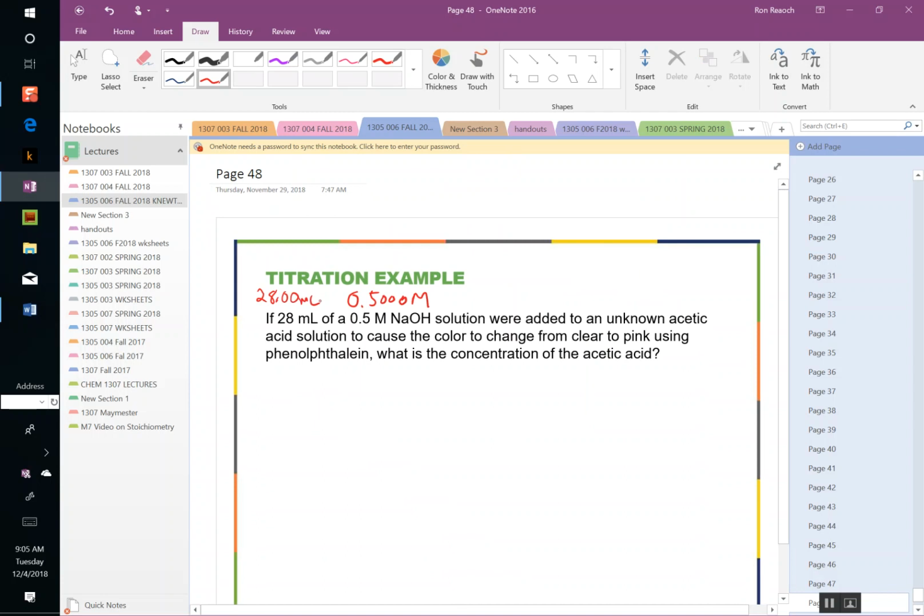I'm just upping the significant figures on this. So here is a titration problem. Let's do this one, and you can do the one on the worksheet in just a second.